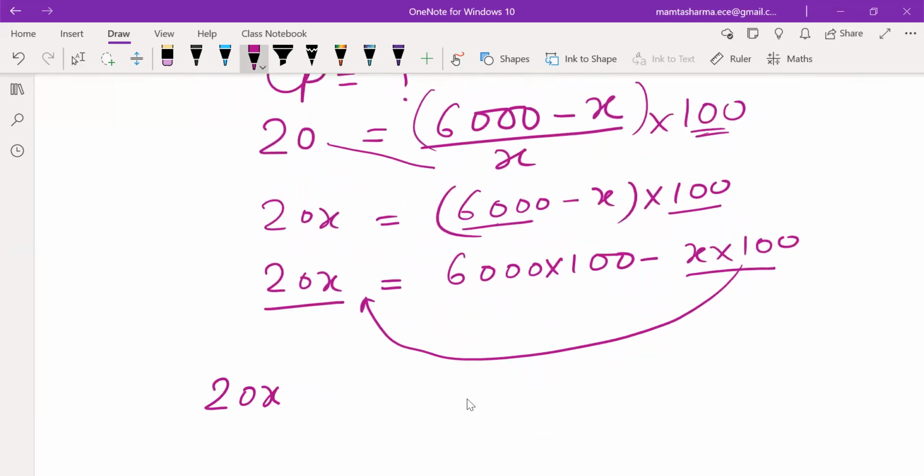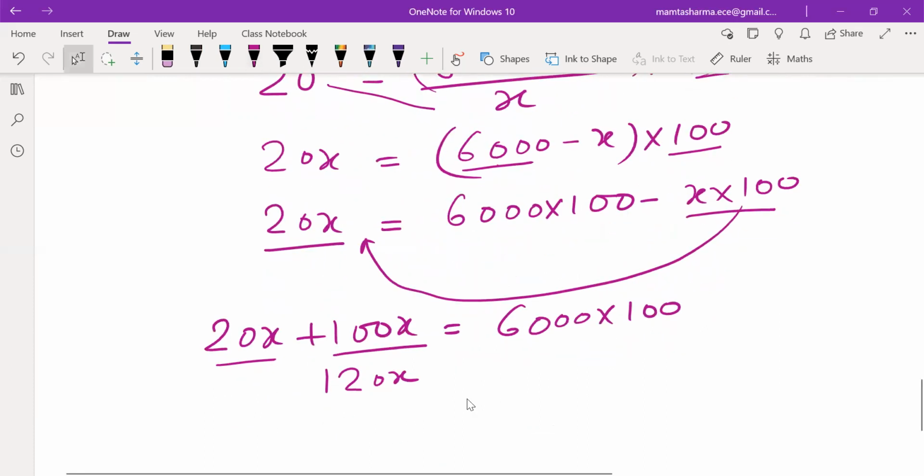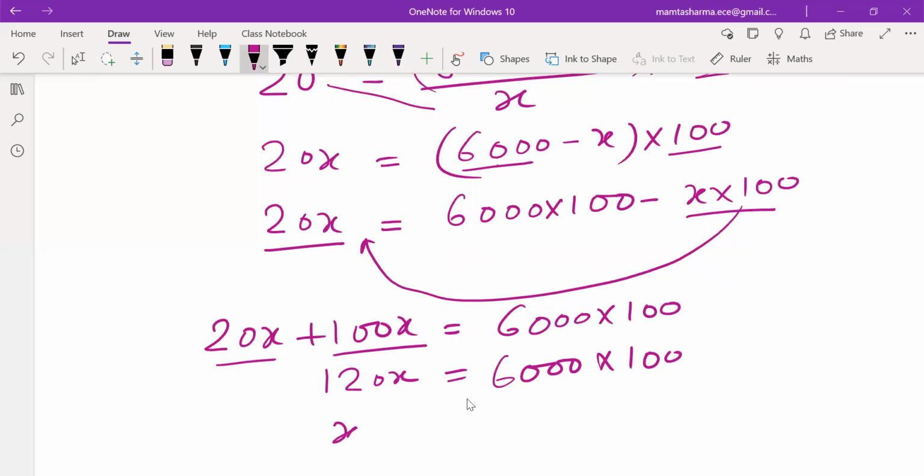So this will become 20x plus 100x equal to 6000 into 100. So 20x plus 100x would become 120x. 120x equal to 6000 into 100. So x would be this whole thing divided by 120, since x is in multiplication, so after transposing, it will come in the division.